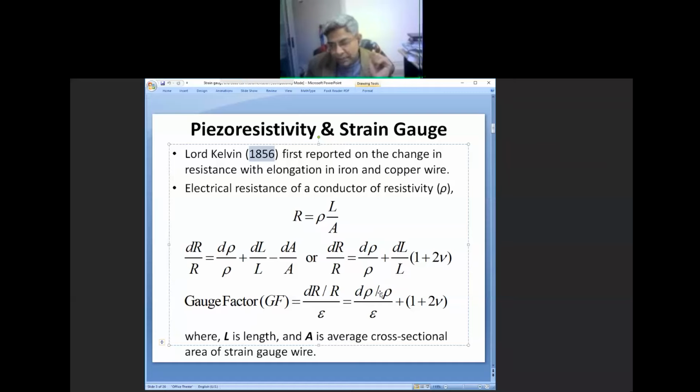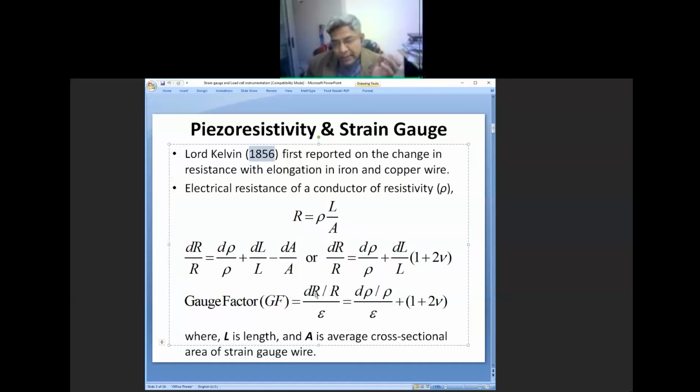So it becomes d rho by rho, where rho is resistivity, not density, electrical resistivity, per unit strain, plus 1 plus 2 times Poisson's ratio. So remember this correlation, because I don't find this sort of correlation in many places. It's very important. What is its importance?